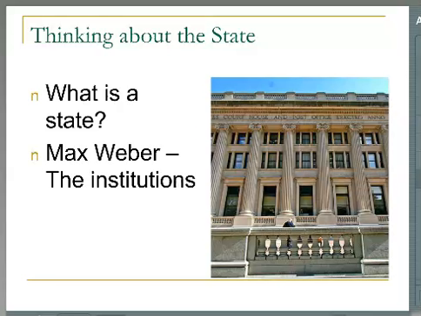For example, the Boy Scouts again. They have patrols, they have districts, they have councils. If you belong to the Boy Scouts in Arizona, you're a member of the Grand Canyon Council. So the state is not unique in this regard. Other groups in our society have institutions as well.